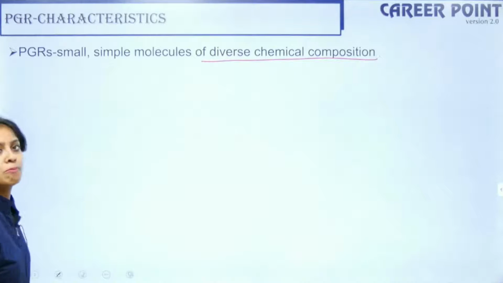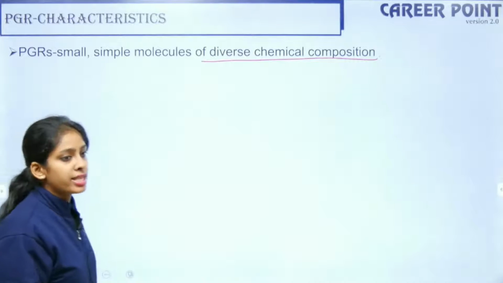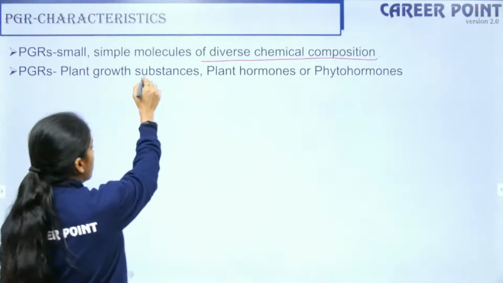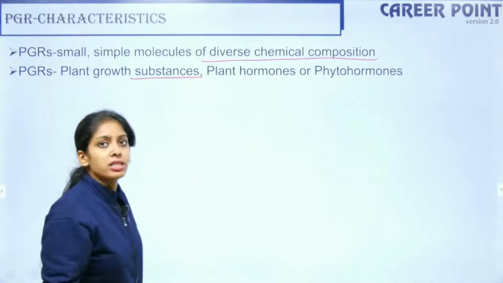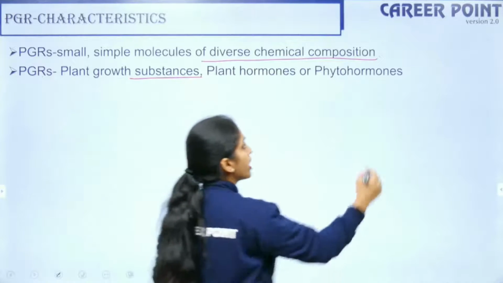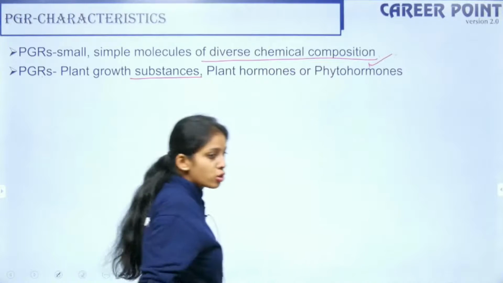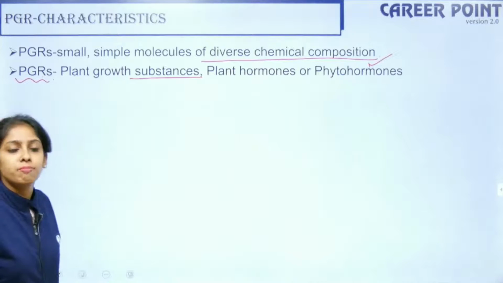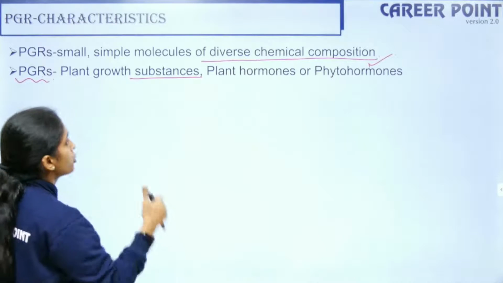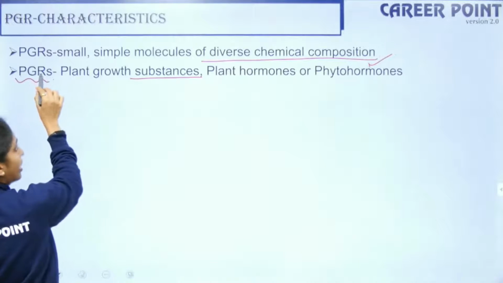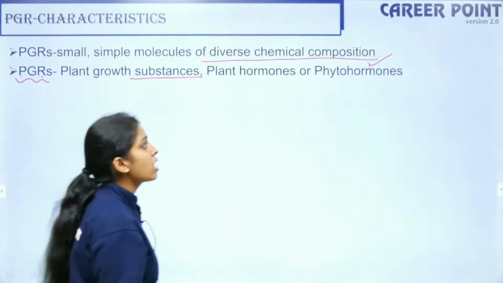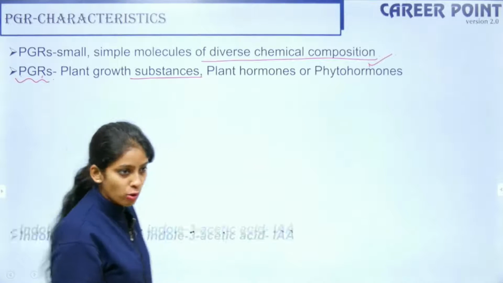PGRs are also known as plant growth substances, plant hormones, or phytohormones. All of these names signify PGRs, that is plant growth regulators.